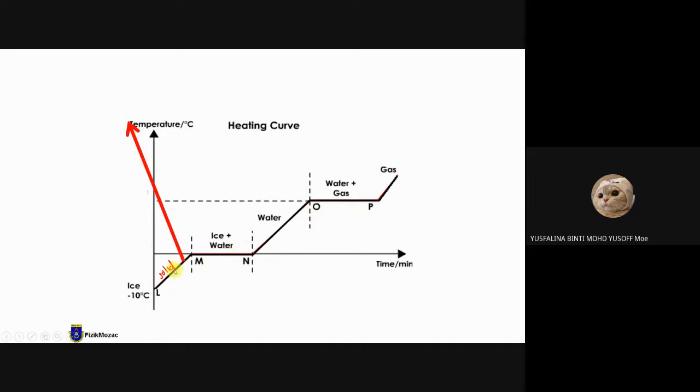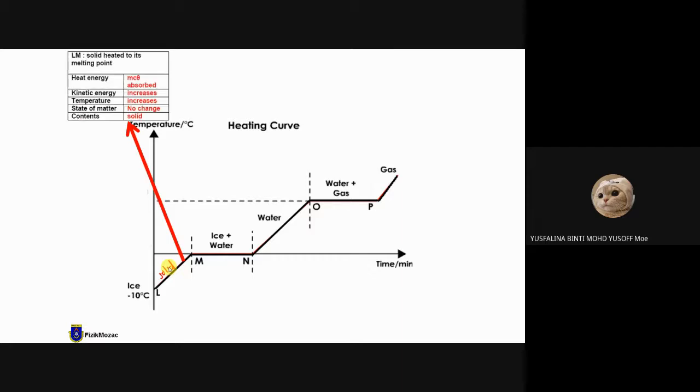You can see there is a change of temperature here. We already learned there are two types of heat: the specific latent heat and the specific heat capacity. For this part, what type of heat is it? Specific latent heat or specific heat capacity? Specific heat capacity, right.